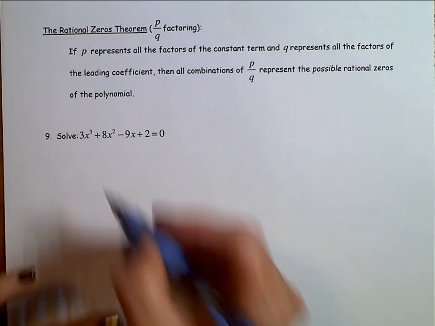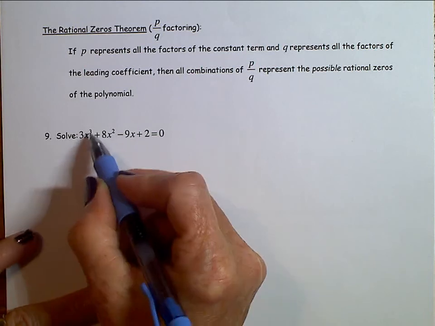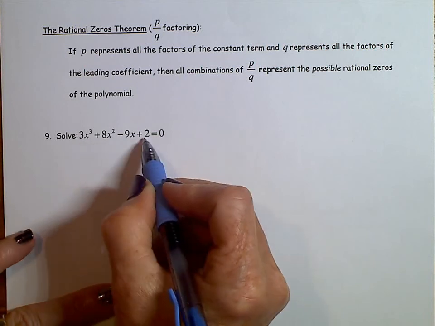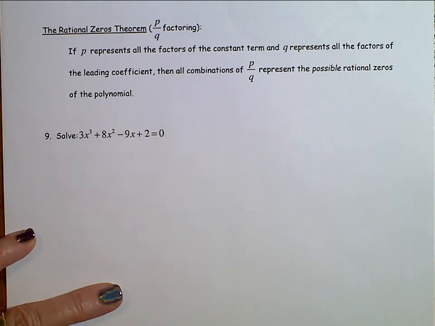All right, so if I have this equation, 3x cubed plus 8x squared minus 9x plus 2, if you didn't catch that, that's okay. We're going to explain it down here when we do this problem.